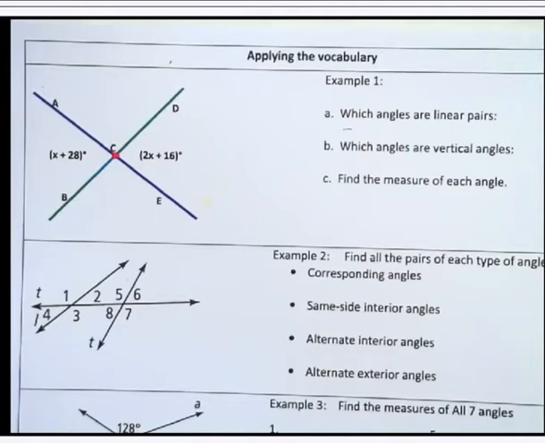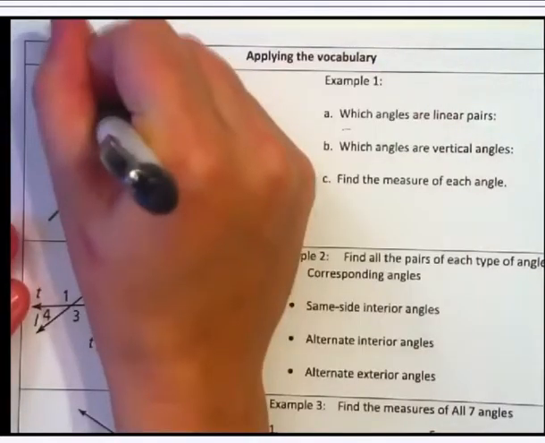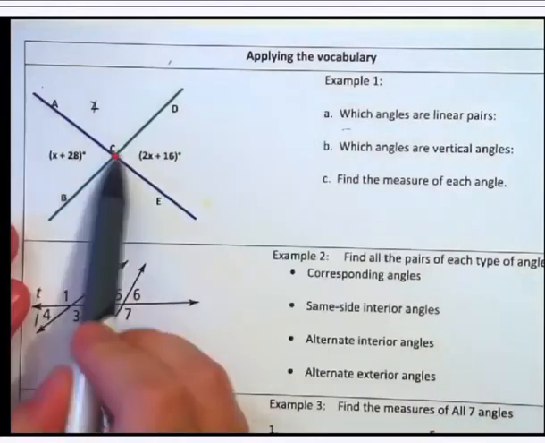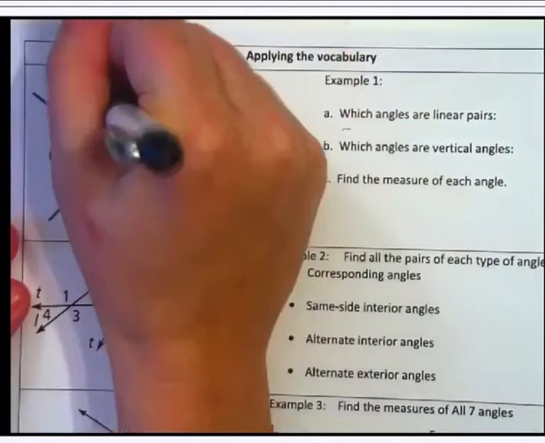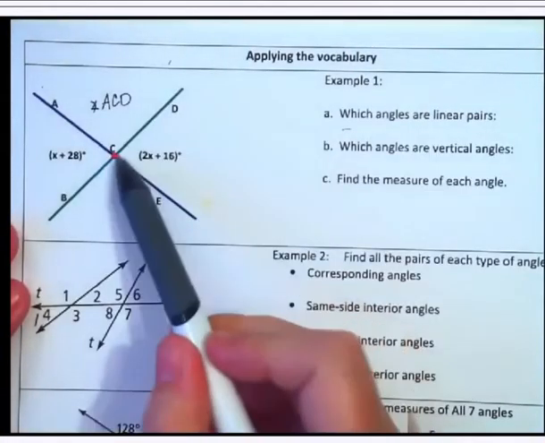So my linear pairs are, let me go ahead and name each of these angles, okay? So this is going to be angle ACD, and this is angle DCE.